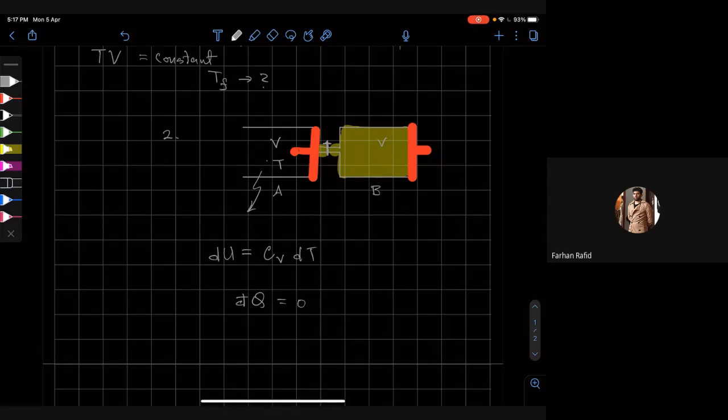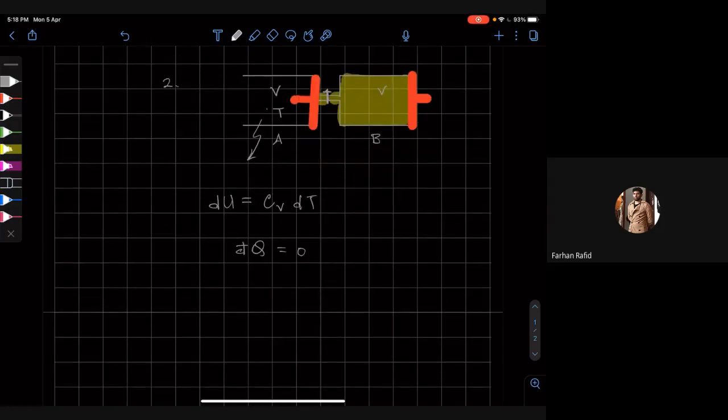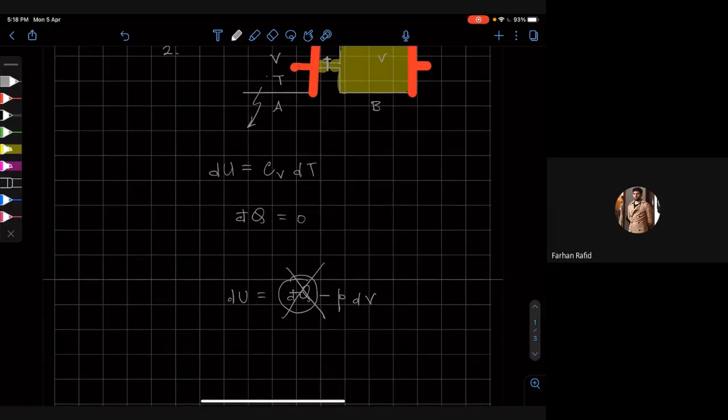So then we have the first law, dU equal to dQ minus P dV. This term drops out, and dU can be written as Cv dT, and then we have minus P dV.